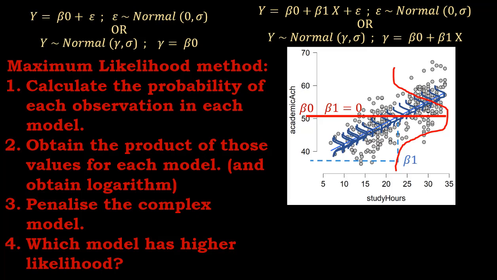Now, the third step is to penalize the complex model. Why do we have to penalize the complex model? Well, for something that is called overfitting. Here we've got a simpler model that has only one parameter, and the complex model has two parameters.